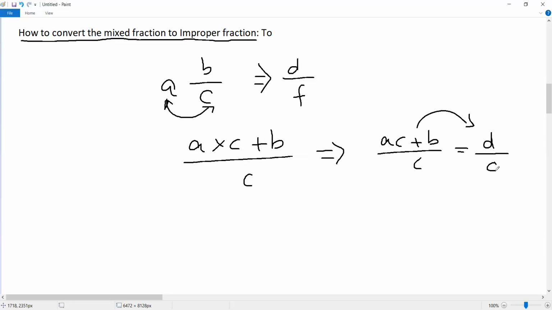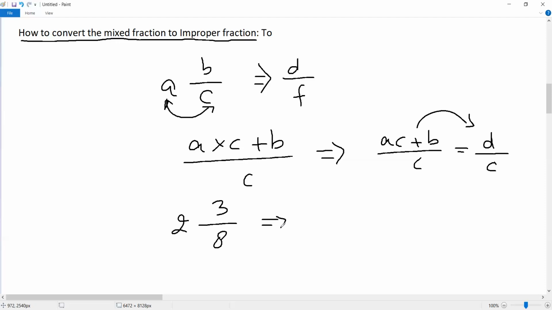So let me give you an example. Ibrahim Ali, good. We will discuss more examples. Suppose we have 2 whole 3 over 8.